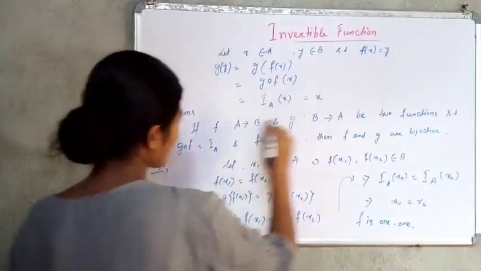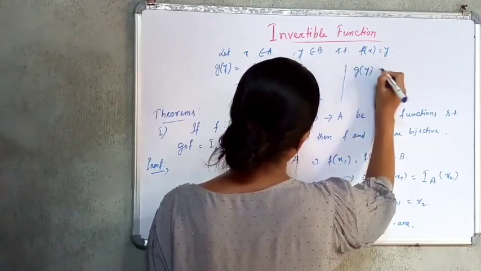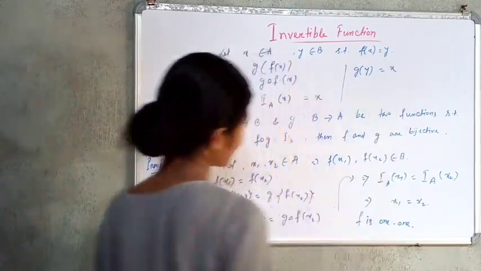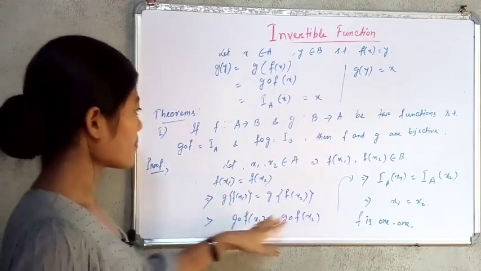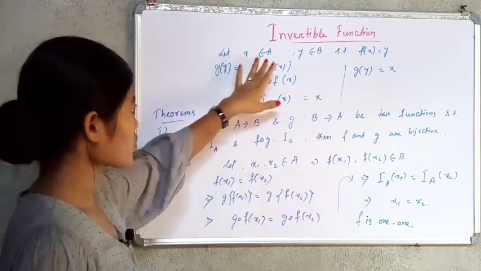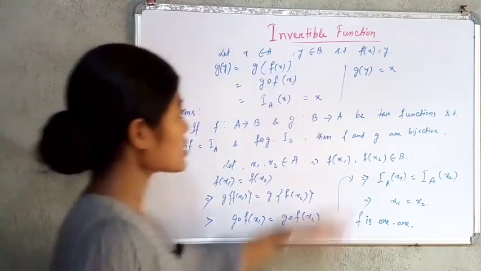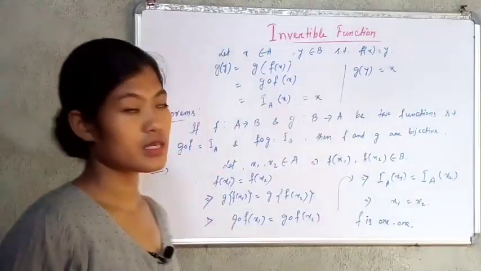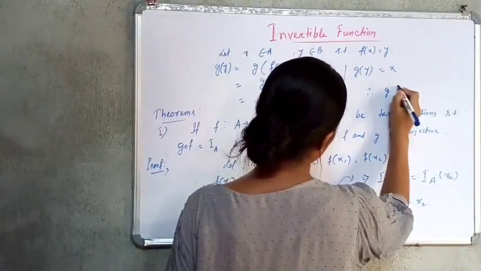So finally we get g of y equal x. That means for an element x belongs to the domain, we get another element y such that g of y equal x. That means g is onto. Therefore, g is onto.